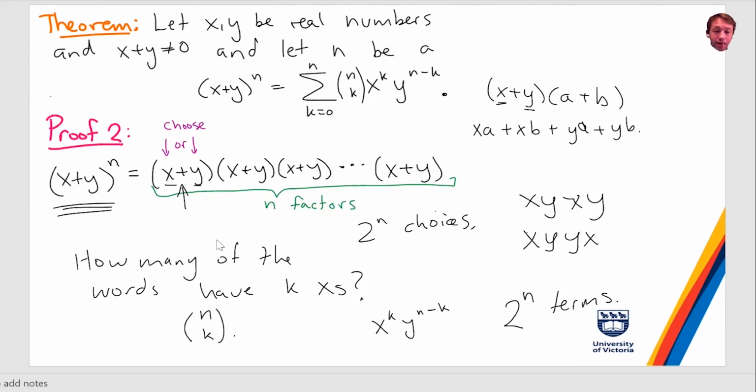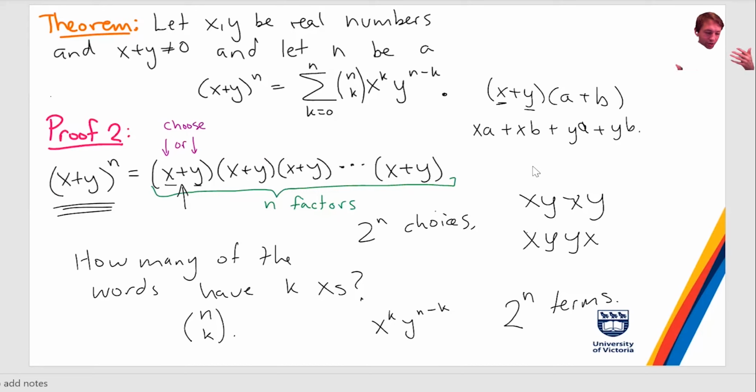To make a term in the expansion, I pick x or y for the first, x or y for the second, x or y for the third, up to the nth, and I multiply those things out. So the number of choices is 2 times 2 times 2 by the product rule, we have 2 choices, and there's n letters.